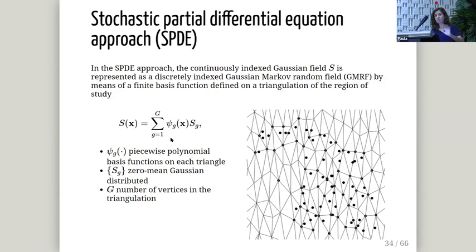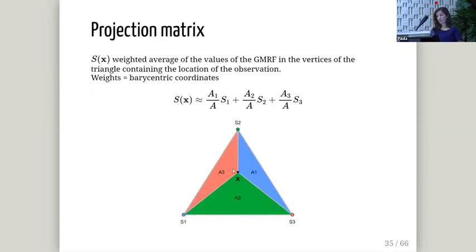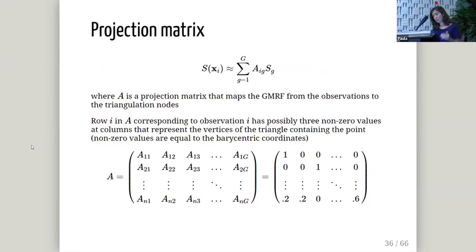It approximates the continuous process by a discrete process using this triangulation, and then it computes the value of the process at each of the locations using a weighted average of the value of the process at the vertices of the triangle. Okay, and for doing this, when we use INLA, we need to define a projection matrix.